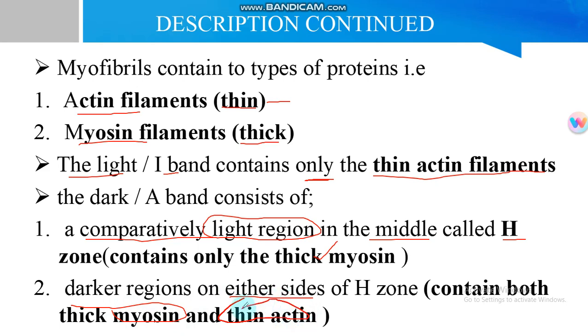So we said, remember, if we have our pieces of paper, one is thin, the other one is thick, and then we put them together, now you cannot easily see through them. It is now dark there. Okay? That is the analogy. So the region which is too dark contains both of these, the thick and the thin filaments.